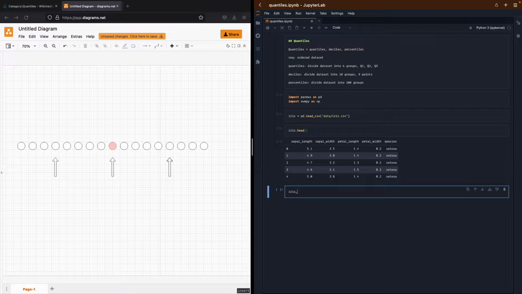Iris, I'm going to select a specific species. I think we have 3 species. I'm going to only select Setosa because we are seeing Setosa here. I'm going to select all the data points which have the species Setosa.